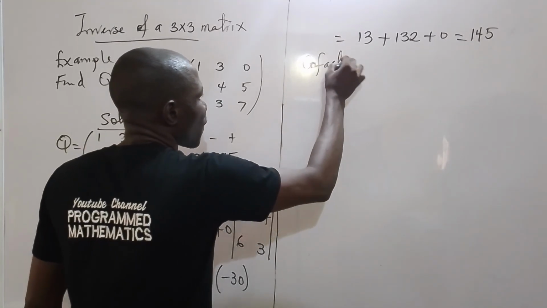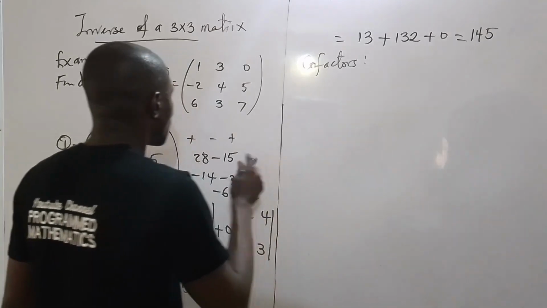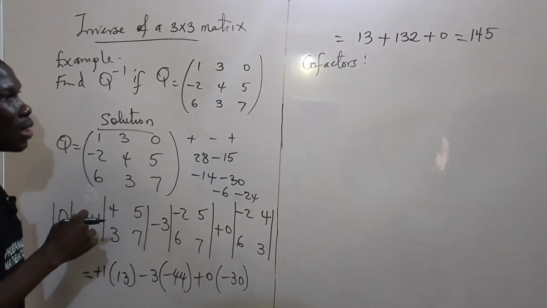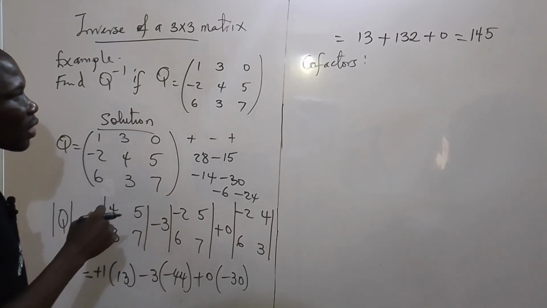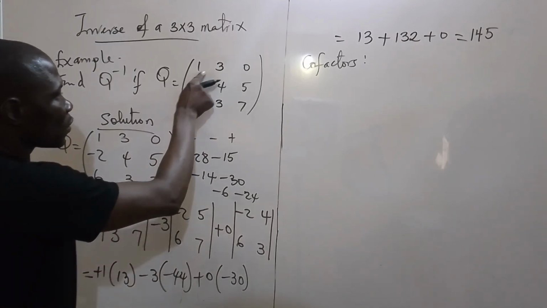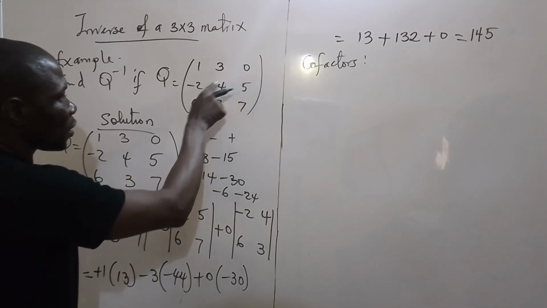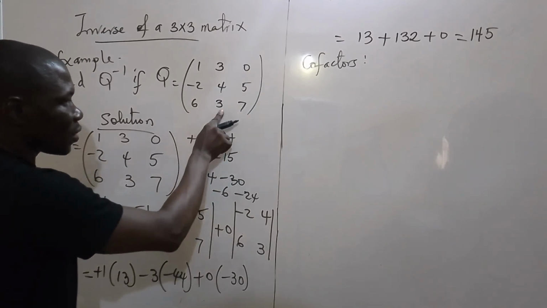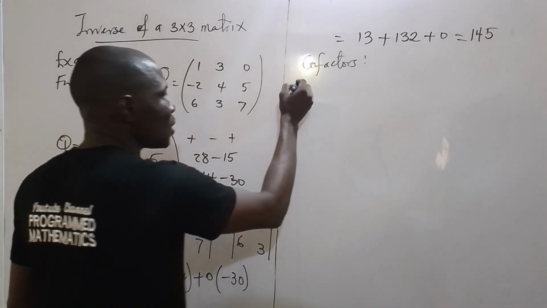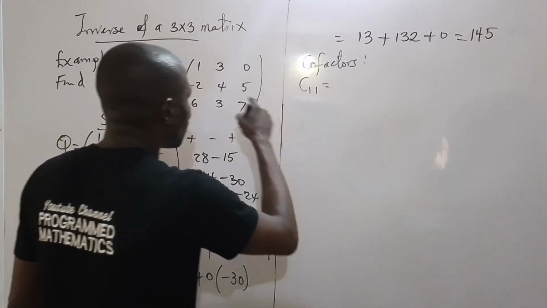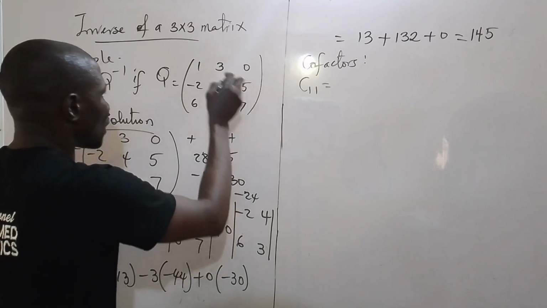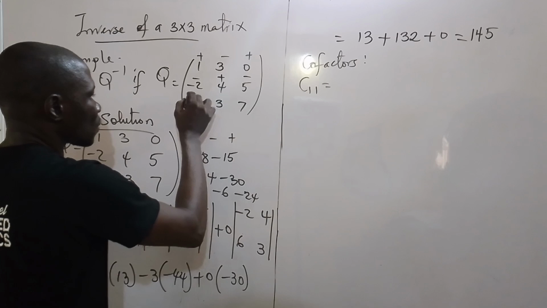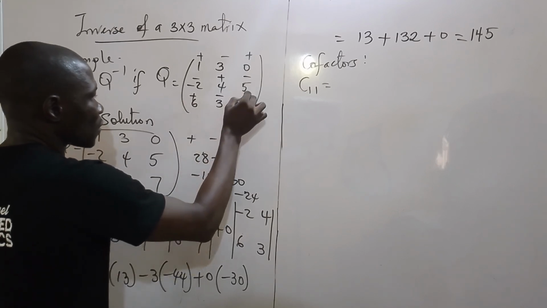So let's get the cofactors now. This is a 3 by 3 matrix, so our cofactor matrix is also going to be a 3 by 3 matrix. And so we need C11, C12, C13, C21, C22, C23, C31, C32, C33. For C11, don't forget the sign convention: plus, minus, plus, minus, plus, minus, plus, minus, plus.